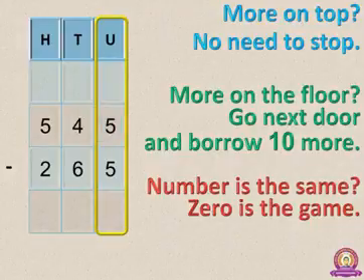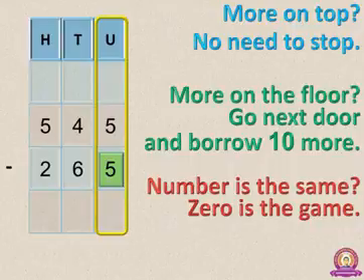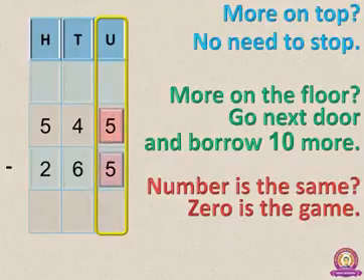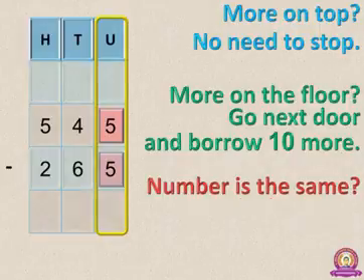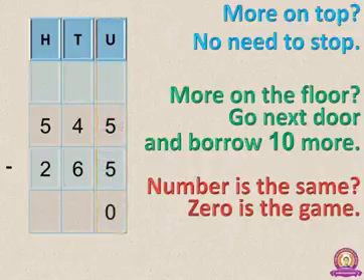Do we have more on the floor? No. Lastly, is the number on top same as the number in the bottom floor? Yes. If the number is the same, then 0 is the game. Therefore, 5 minus 5 is equal to 0.